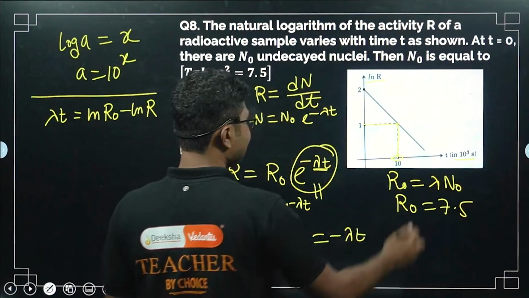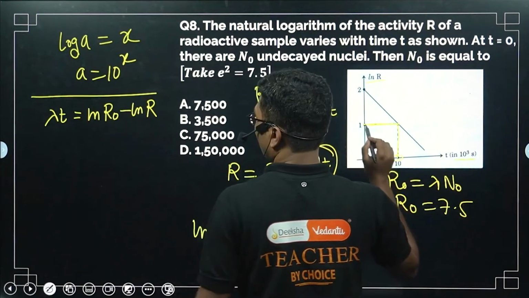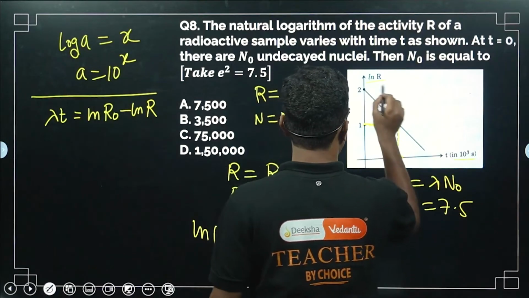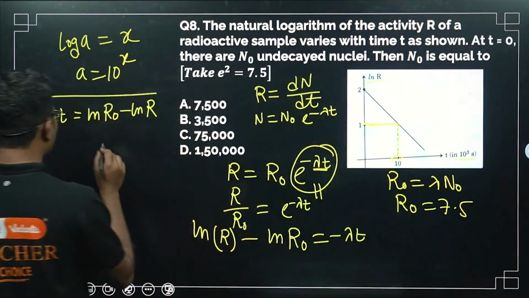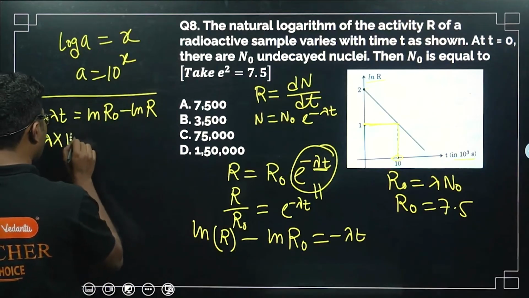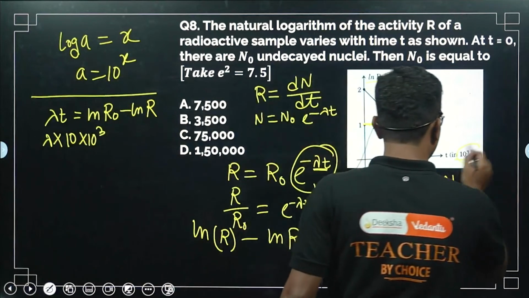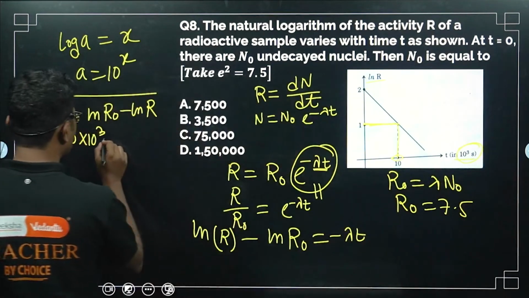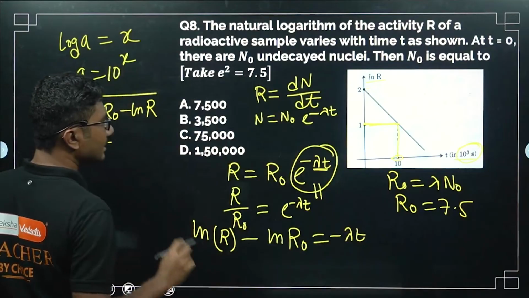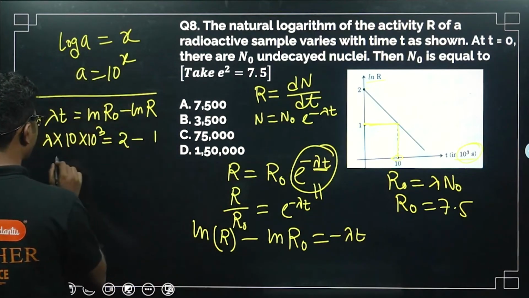When t is 10 times 10 to the power 3, ln R becomes 1, whereas ln R0 you have already calculated, ln R0 is 2. So lambda times 10 into 10 to the power 3. This is very important, you have to take this multiplication factor, equals ln R0 was 2, ln R was 1.